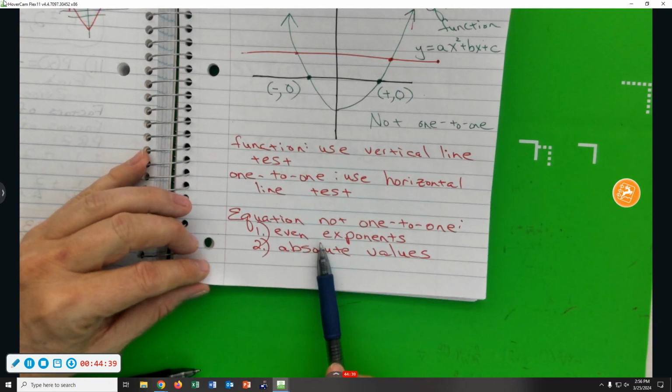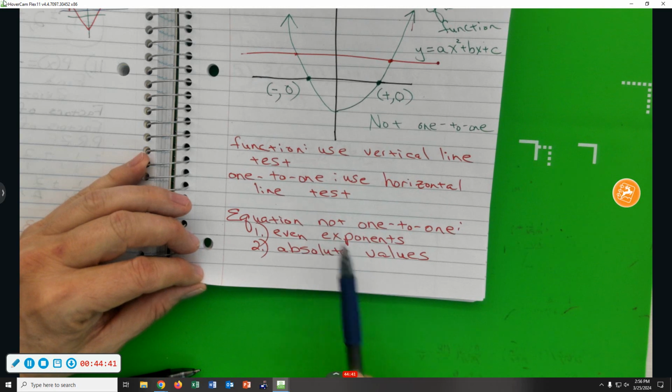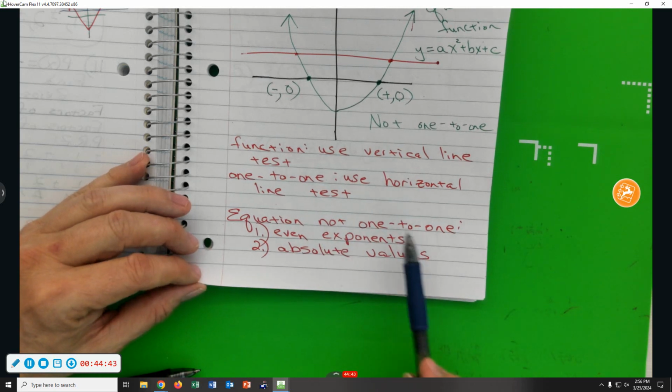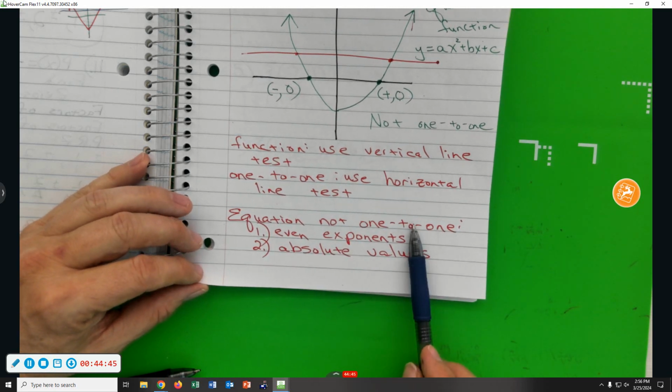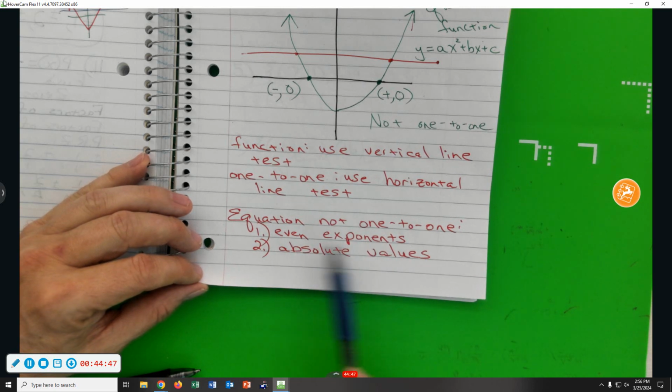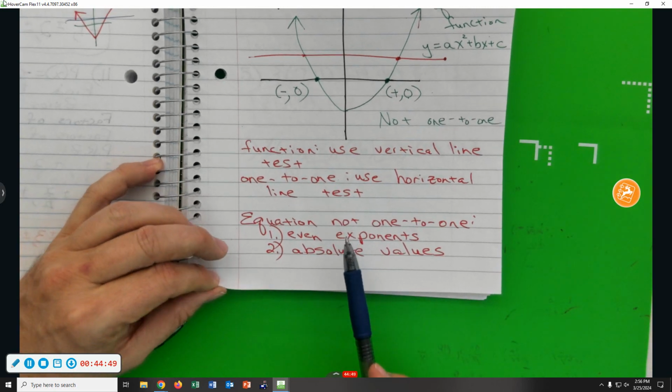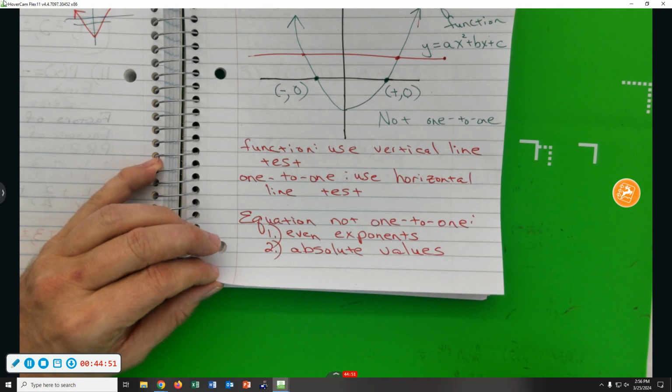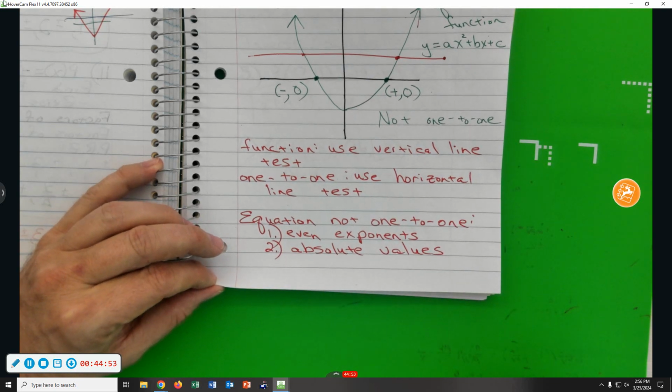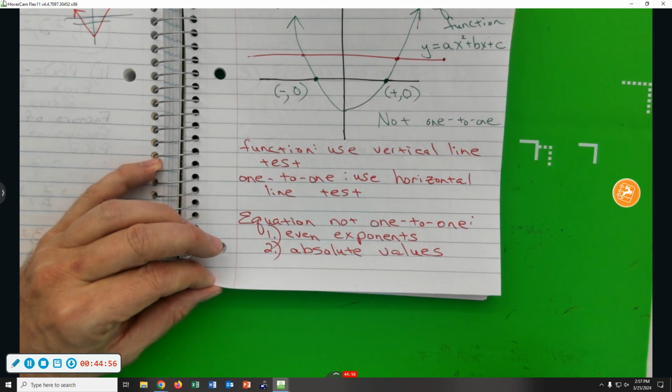You expect an equation not to be one-to-one when there are even exponents, because with even exponents, say 10 and negative 10, when you square it, you get the same y value, a positive 100.